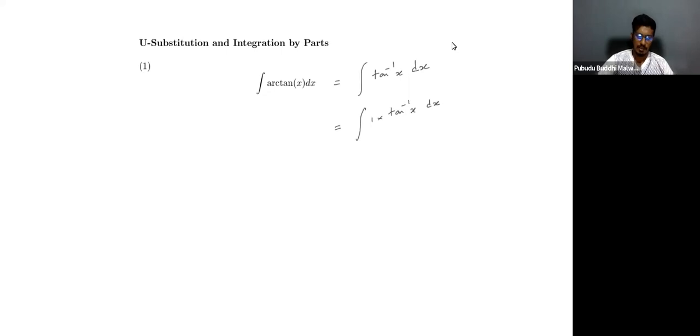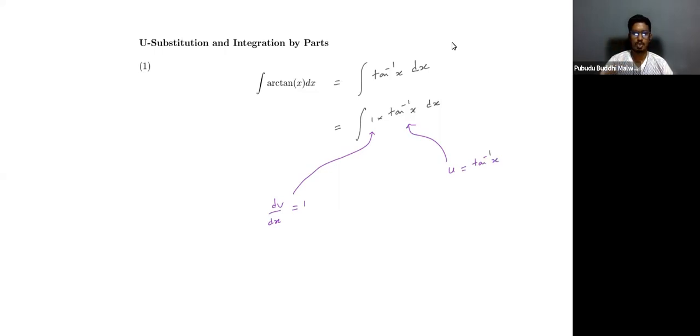Hence, 1 is the dv over dx function, or some people use dv. Then tan inverse x is my u function, because it's difficult to integrate tan inverse x.